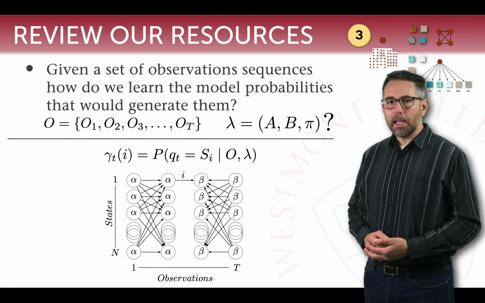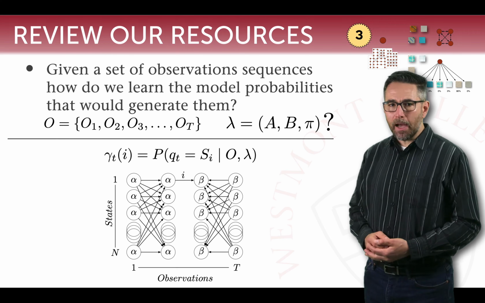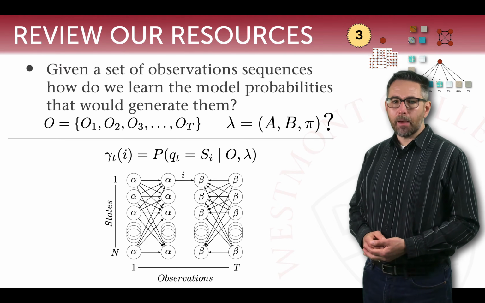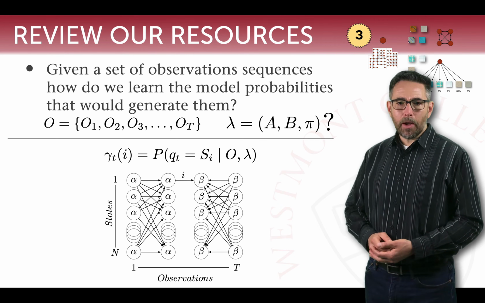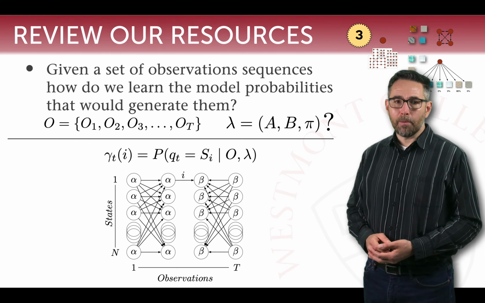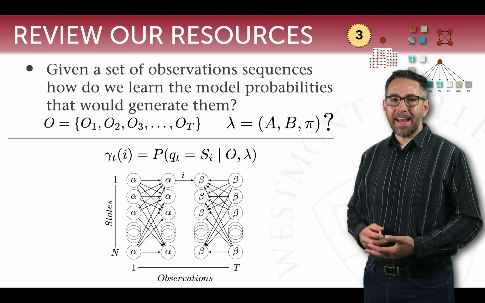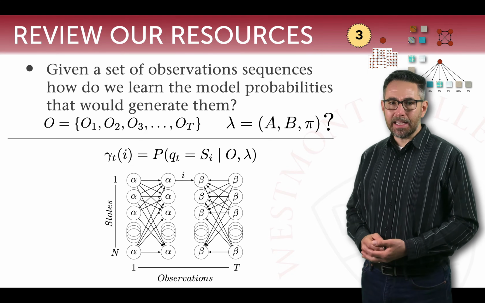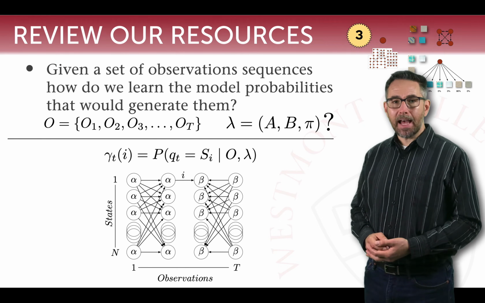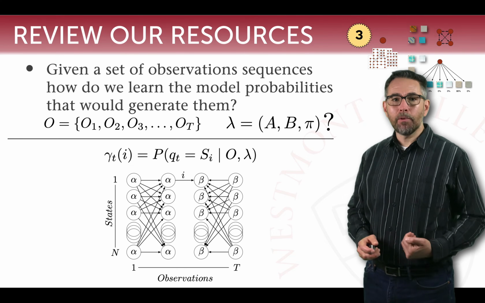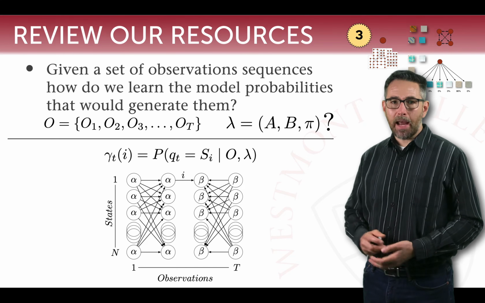And then finally, in our discussion of the Viterbi algorithm, we also generated the gamma parameter. Now, the gamma parameter is like a fusion of the alpha and the beta parameter. It answers the question, what is the probability that at time lowercase t, we're going to be in state Si, knowing everything that came before and knowing everything that's coming after?